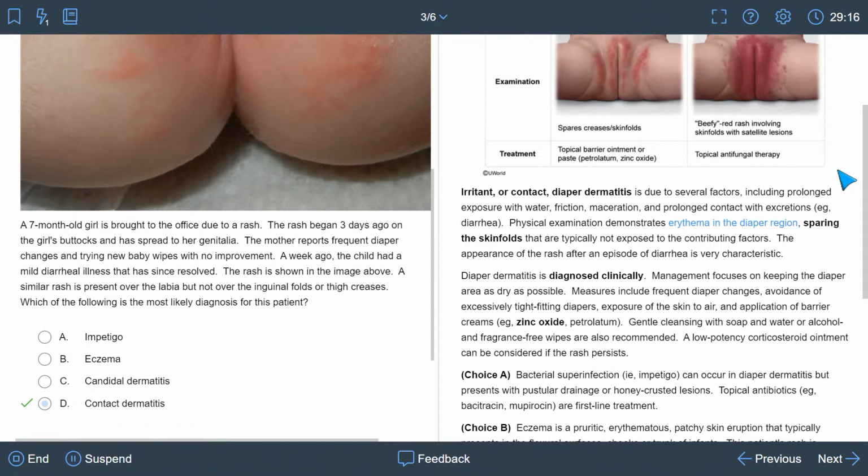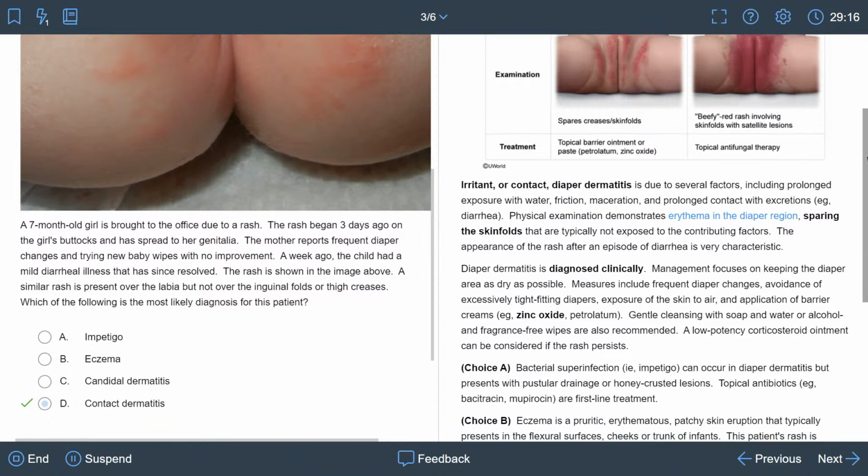Diaper dermatitis is diagnosed clinically. That means management focuses on keeping the area dry. Measures include frequent diaper changes, avoiding excessively tight-fitting diapers, and then the application of a barrier cream. Gentle cleansing with soap and water or alcohol and fragrance-free wipes are also recommended.